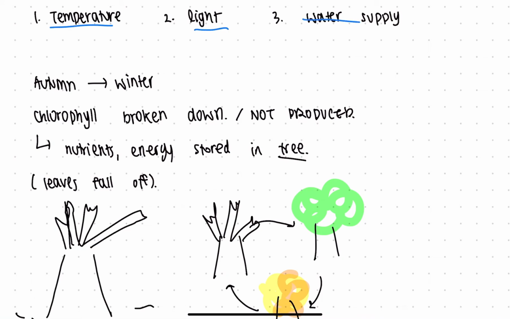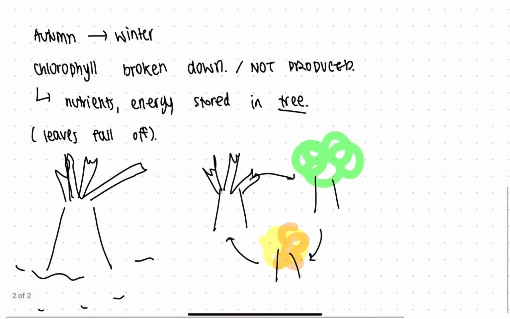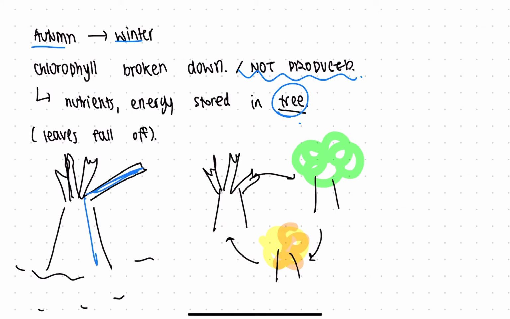Temperature, light, and water supply affect the way in which the pigments balance and also what colors are present during fall. During the change from autumn to winter, chlorophyll is broken down, or we can say that it is not produced anymore, because now the tree has gone into the stage where it does not gain any more nutrients, but rather preserves the nutrients and energy that have already been gained, and stores them inside the branches and the roots of the tree.